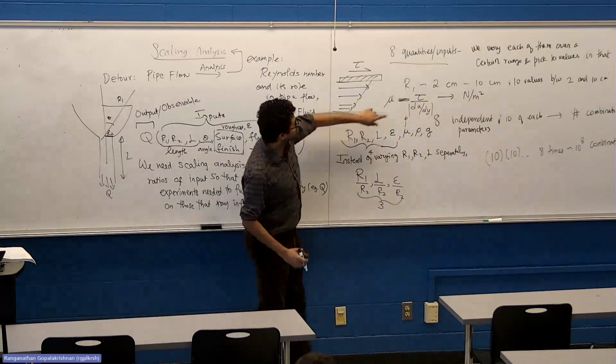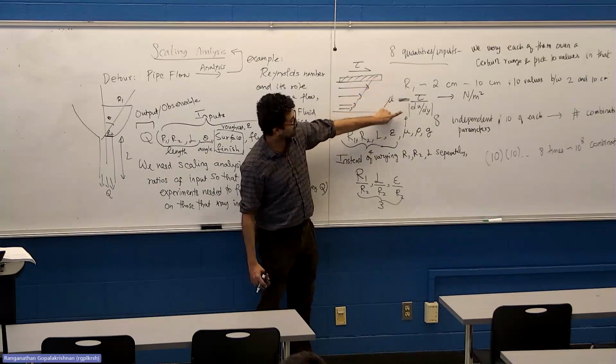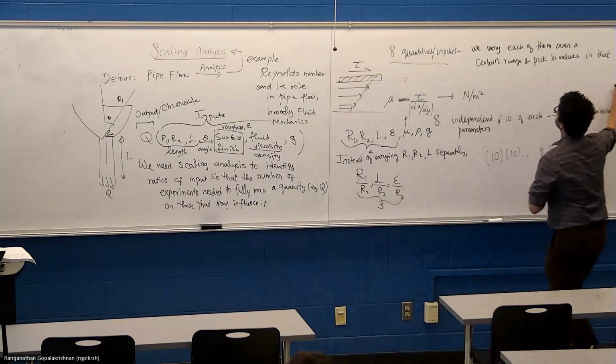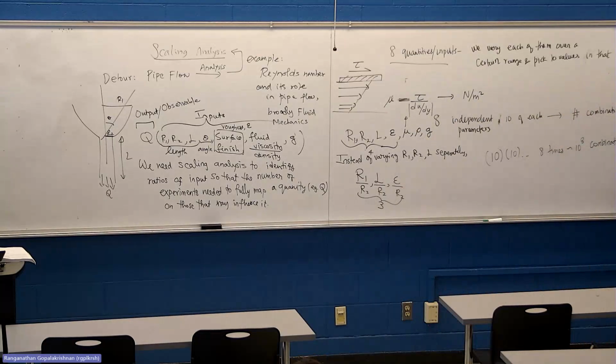I shouldn't have to go through this, but we'll do it because I don't want you to feel lost. What is the unit for velocity gradient? Velocity gradient, du over dy, the change in velocity per distance.